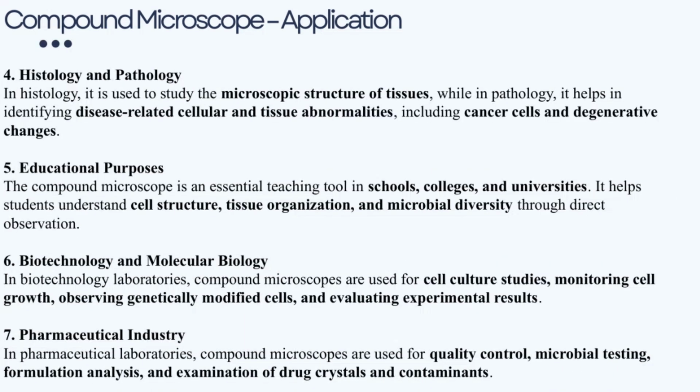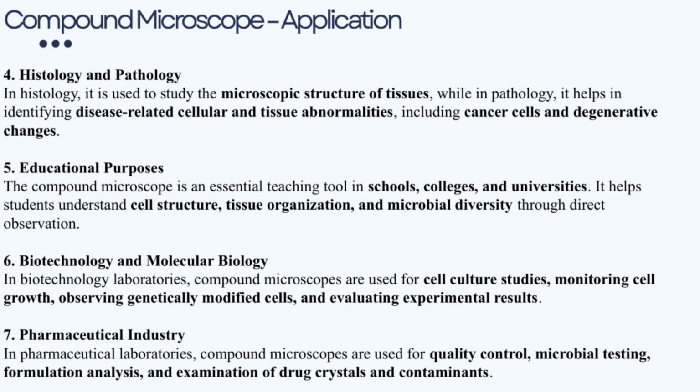Now, let's look at how the compound microscope plays a vital role in histology and pathology. In histology, it's used to study the microscopic structure of tissues, helping us understand how tissues are organized and function. Meanwhile, in pathology, it's essential for identifying abnormalities, whether it's cancer cells or degenerative changes, allowing us to diagnose diseases more accurately.